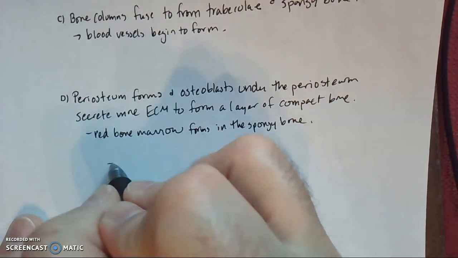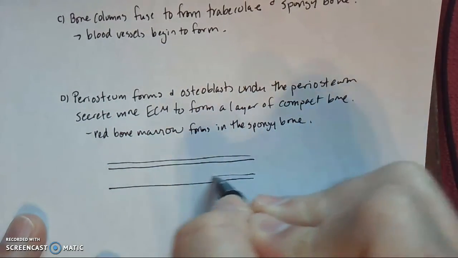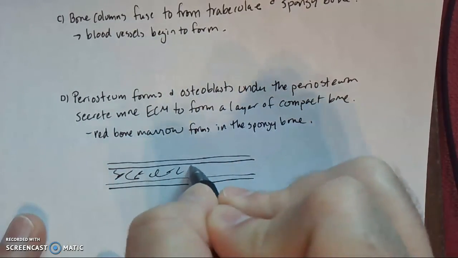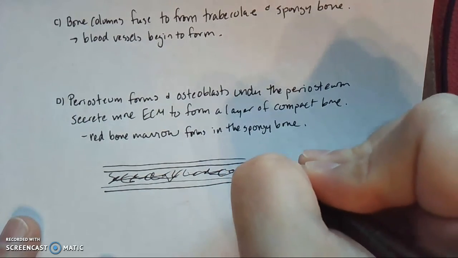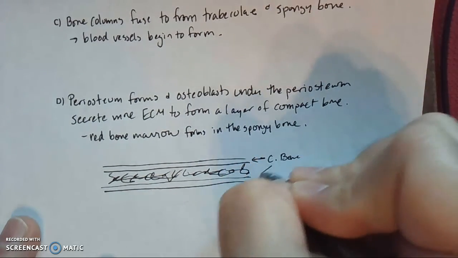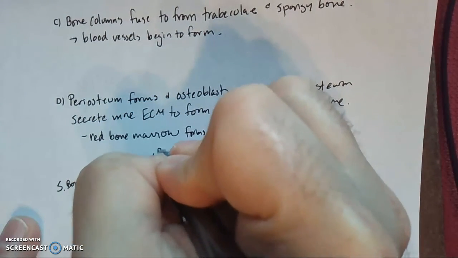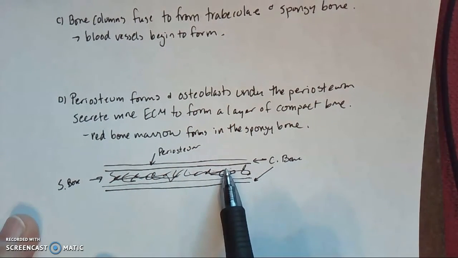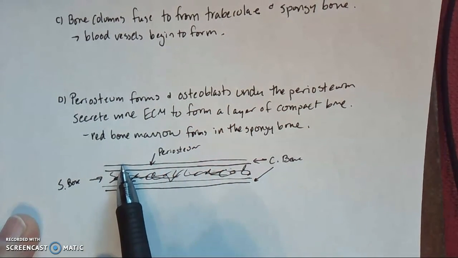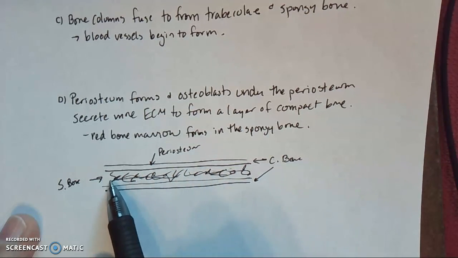So it kind of looks like that, where we have compact bone here, we have spongy bone here, and here we have the periosteum. So it starts forming this layer first, and then as the periosteum forms, it secretes this layer to build up on both sides. So in this, we're going to have blood vessels and bone marrow eventually form.